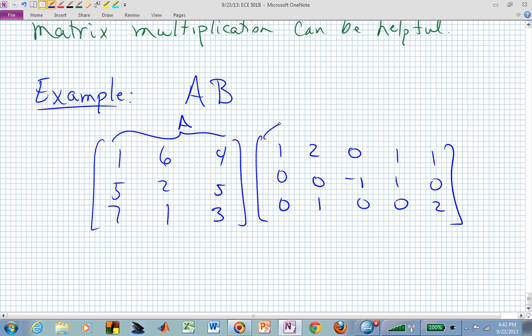Here's A, and there's B. The first question: are these matrices compatible? Do they even make sense to multiply? To answer that, we look at the number of columns in A, and is that the same as the number of rows in B?